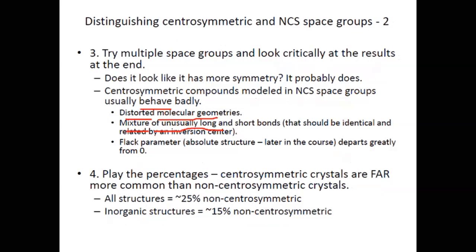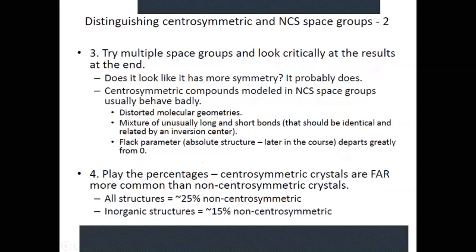Another way you can distinguish between centrosymmetric and non-centrosymmetric is to try a bunch of different space groups. So if you do non-centrosymmetric first, but you see from the non-centrosymmetric that it looks like there's more symmetry than what you've described for it, then you can always go up to centrosymmetric.